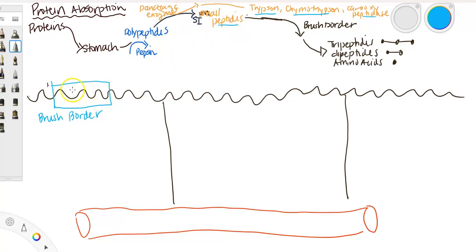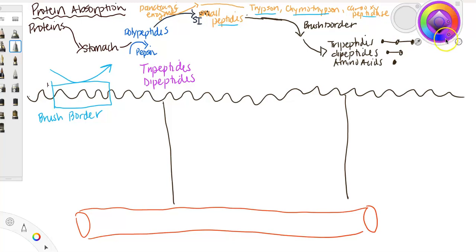Then those peptides come to the brush border, and we get tripeptides and dipeptides, and we also get individual amino acids.